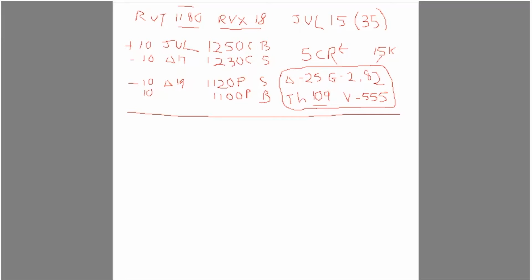So let's just get to the tweak here. All we're saying is with the RVX at 18, kind of the lower end of the last year, how can we reduce this number without really reducing the theta a lot? How can we reduce our volatility risk? Dan, why would you want to reduce your volatility risk? Well, RVX is 18. That's kind of on the low end of the last year.